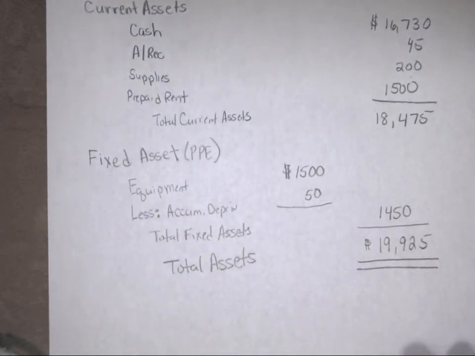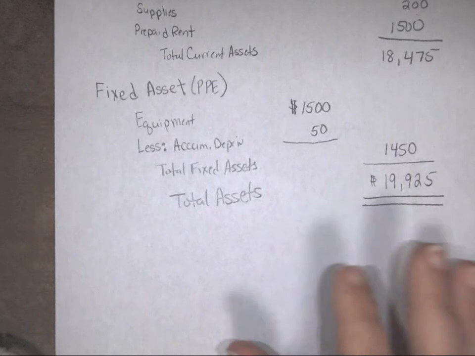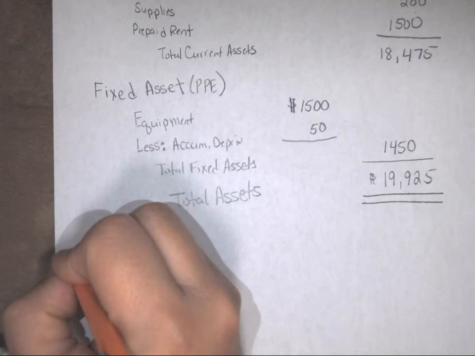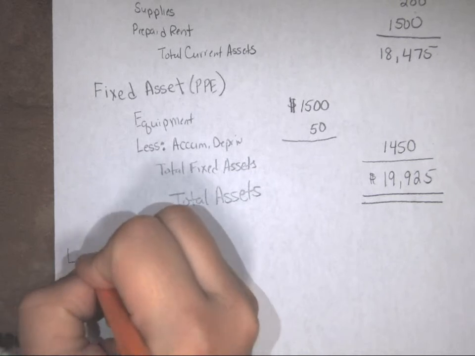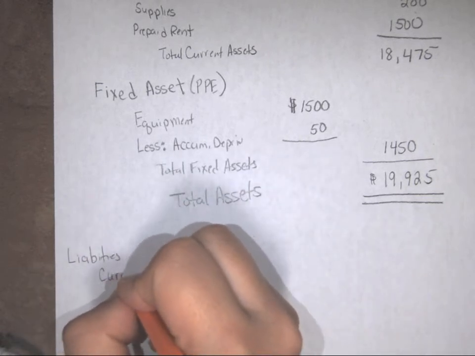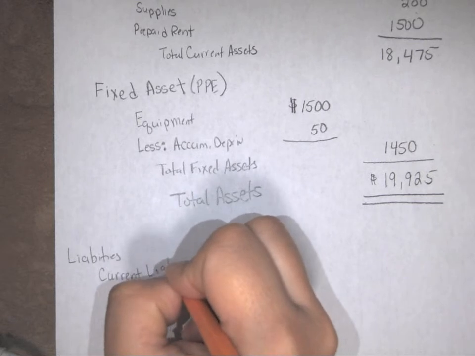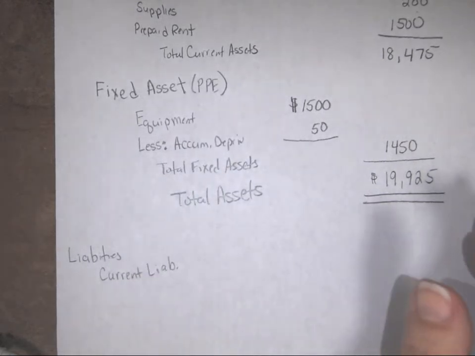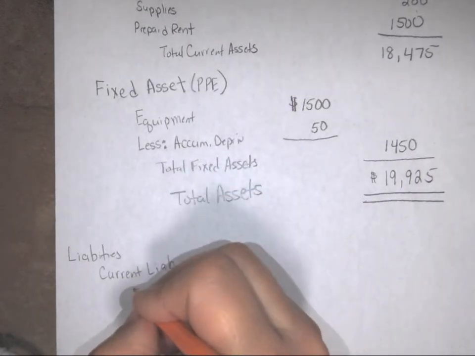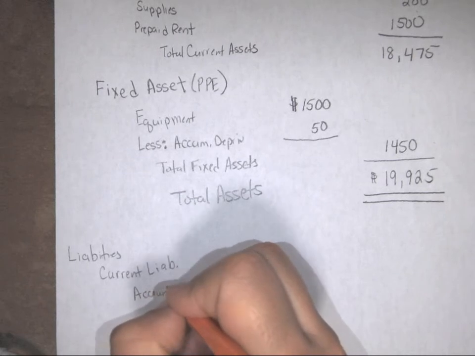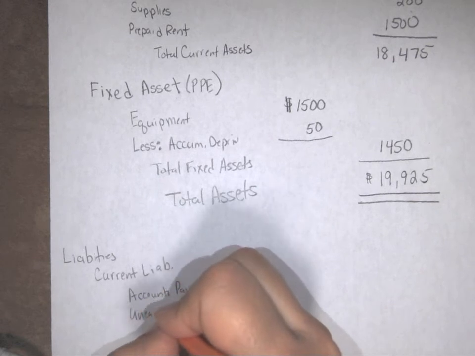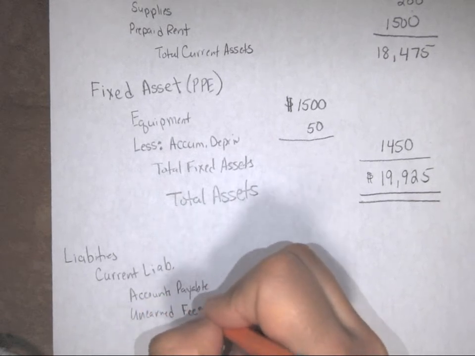So now that I've got my asset part done, I can move over to my liabilities and owner's equity section. And so my next section that I'll be looking at, I'm going to look at my liabilities. And the first liabilities I'm going to look at are my current liabilities. And in looking at my current liabilities, here I have accounts payable and unearned fees. So I'm going to list those out. So I have accounts payable and I have unearned fees.